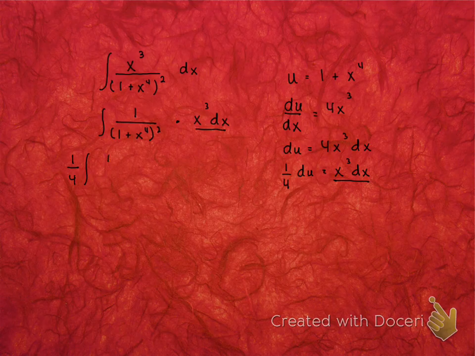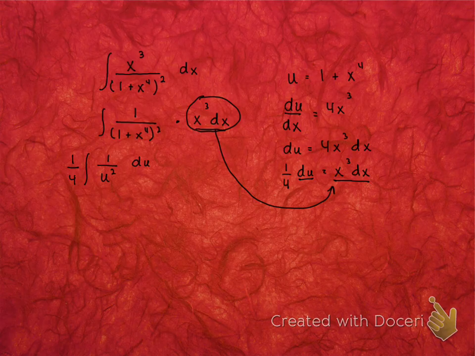So what we're integrating is 1 over u squared du. Because remember, x cubed dx there is equal to 1/4 du. The 1/4 is out there. So x cubed dx is equal to 1/4 out front du.